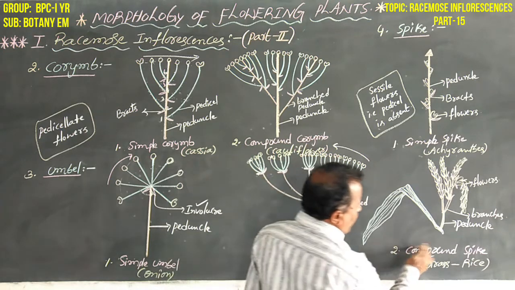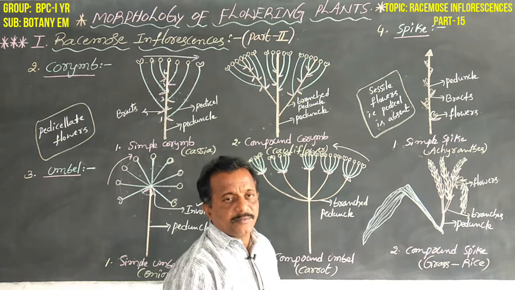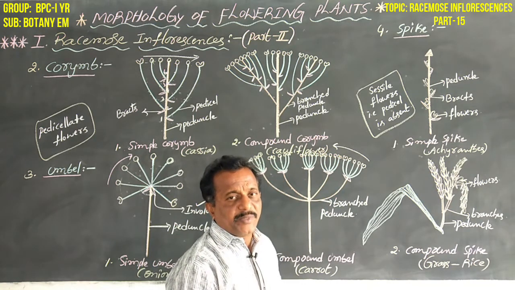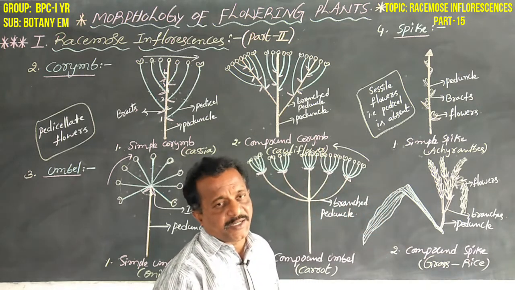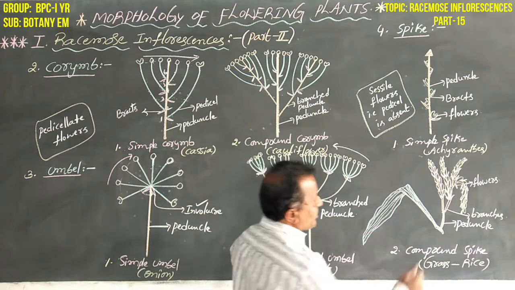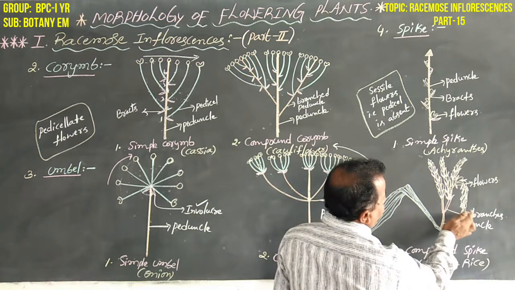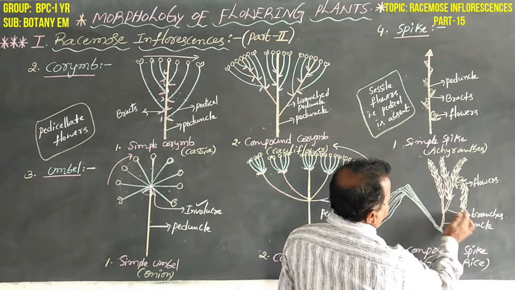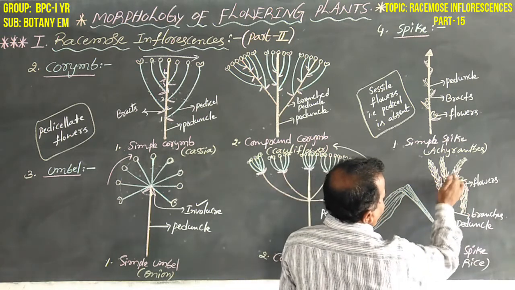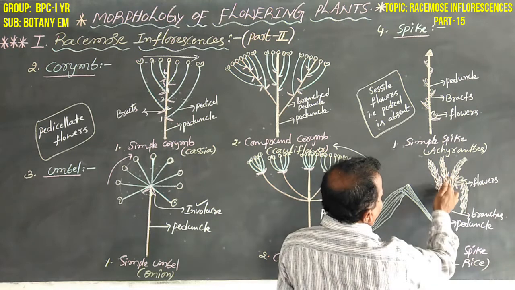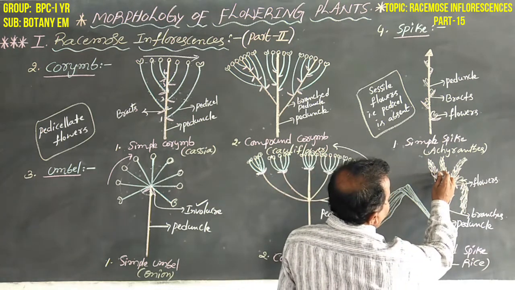Next, coming to compound spike, seen in all grass plants, especially Poaceae family members such as the rice plant, Oryza sativa. Dear students, this is a peduncle. The peduncle spreads out into several branches. These are flowers, also arranged in acropetal manner and not containing pedicels.